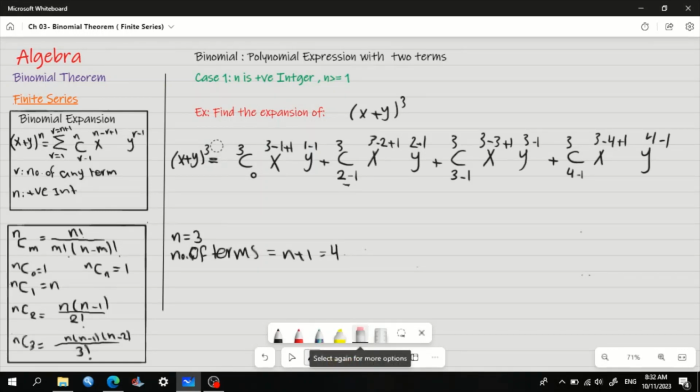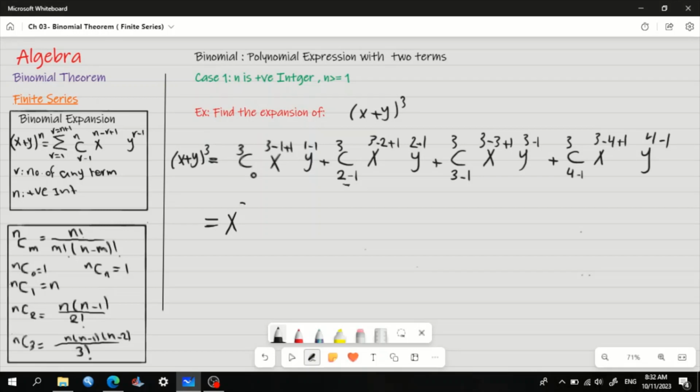Okay, let me clear that. So this will be equal to 3 combination 0, which is equal to 1, x to the power 3 minus 1 plus 1. So x here is cubic, x cubed, plus 3 combination 2 minus 1.